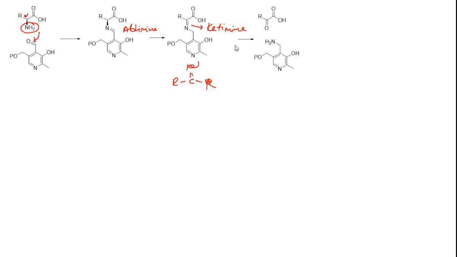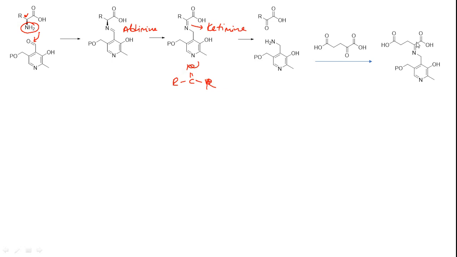Now this ketimine gets hydrolyzed, so that the nitrogen will be retained on the pyridoxal phosphate side, and the alpha keto carboxylic acid is released. Now this pyridoxal phosphate amine, this amine group over here, now reacts with an alpha keto carboxylic acid, that is alpha ketoglutaric acid, 2-oxoglutaric acid. Now glutamic acid forms here.